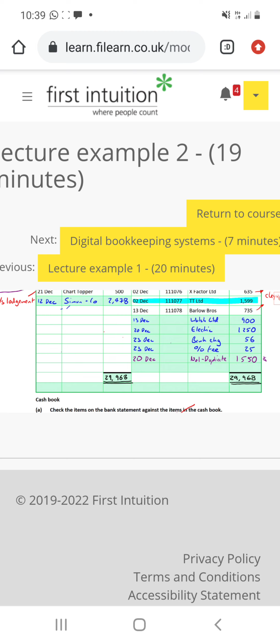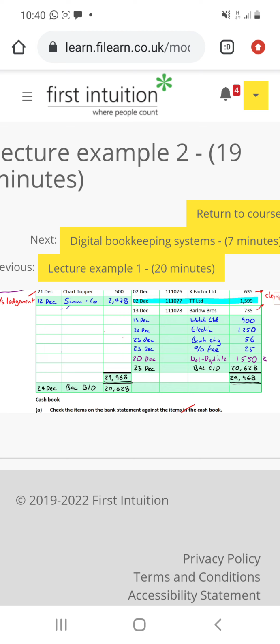The clear and obvious problem at this stage is that the credit side doesn't add up. It doesn't come to 29,968. So on the 23rd of December, to make this balance, we need to put in a balance carried down figure, which is 2628. That's the missing number I need to make sure that the credit side balances off, which means on the 24th of December, if the balance carried down at the end of the 23rd was 2628, the balance I am bringing down at the start of the 24th should also be 2628.